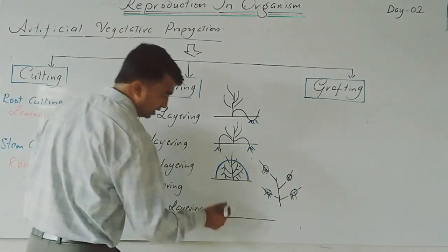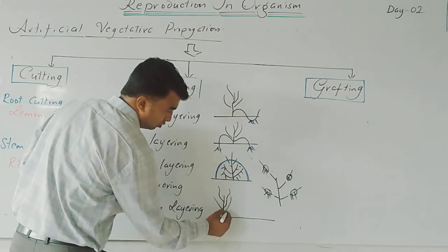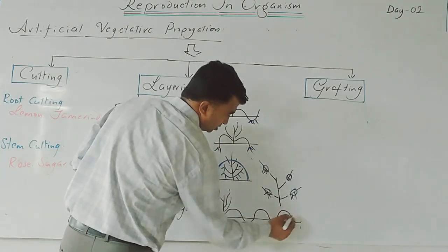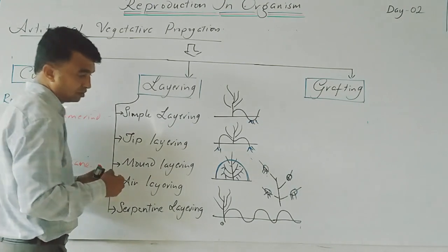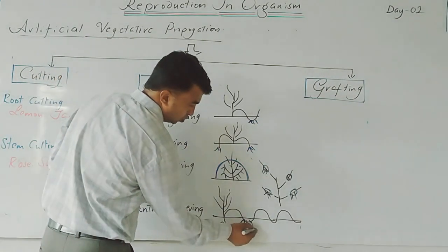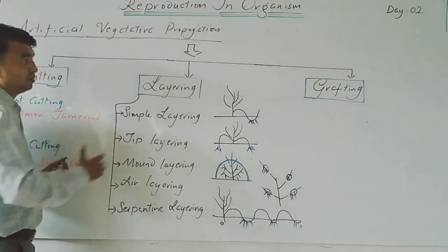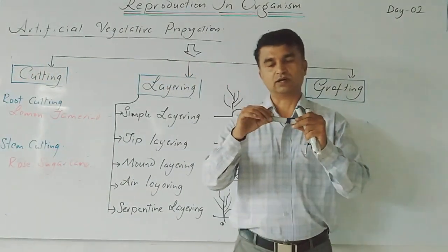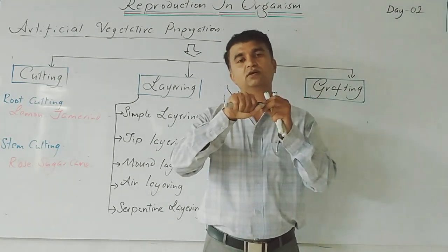When it is serpentine layering, this is the plant. You take the lower branch and dip the branch just below the soil like this continuously, and this branch will produce roots like this. So this is about layering, where a small portion of stem is taken and injury is created, and above that soil is applied.